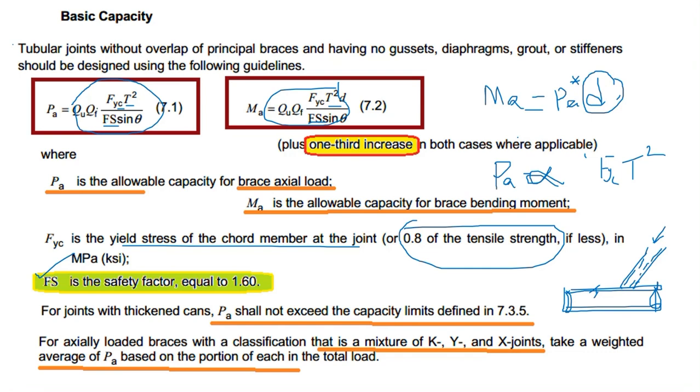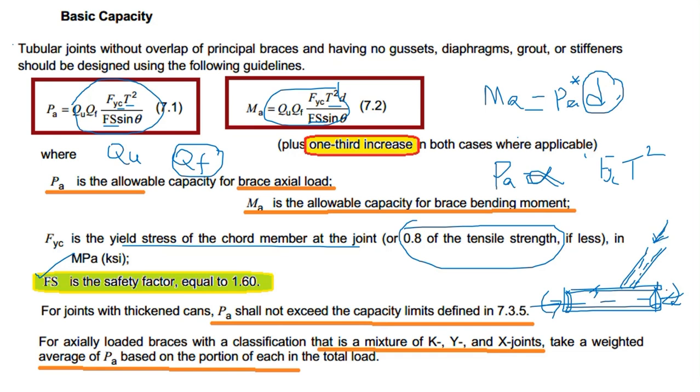Then you will see these two parameters, QU and QF. QU is the strength factor and QF is the can load factor. The can load factor accounts for axial force or bending moment that may already be inside the can. Those values also impact the allowable axial capacity of the brace.